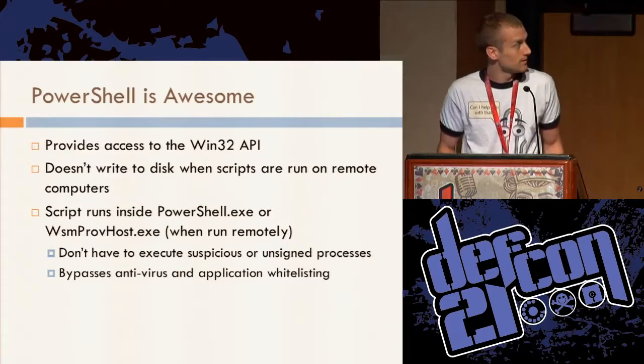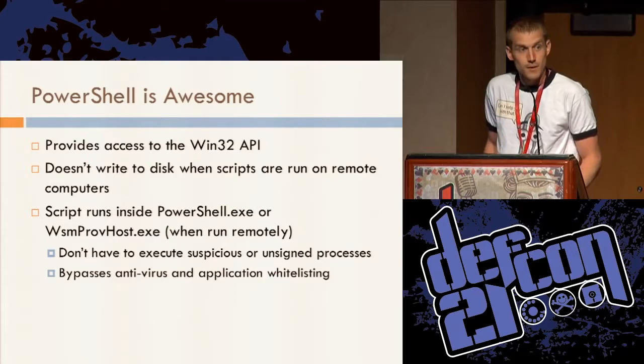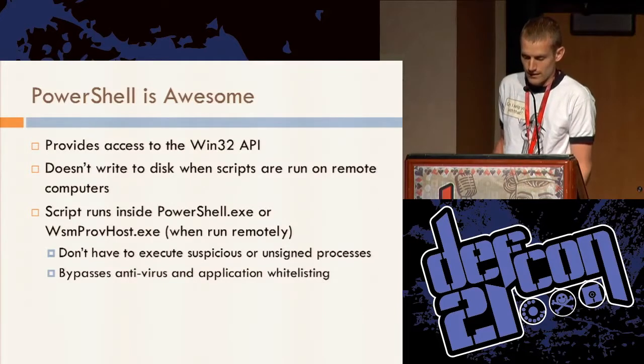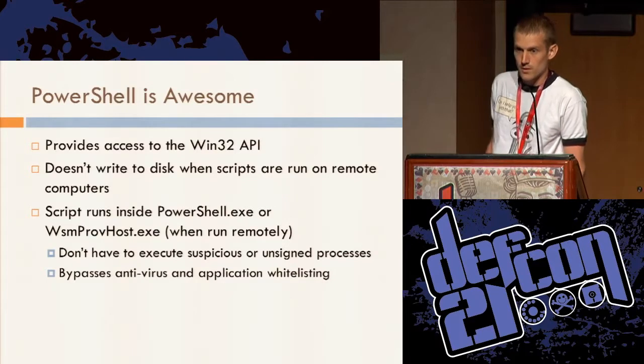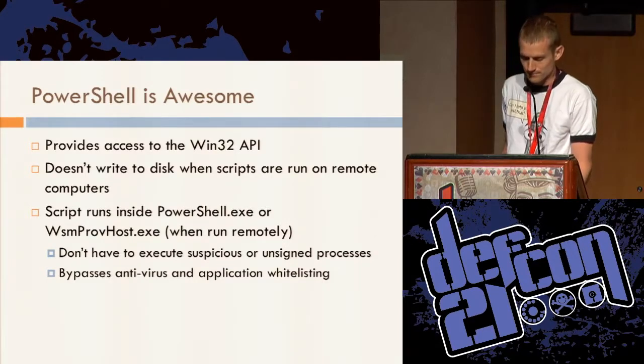Alright, so if any of you don't know anything about PowerShell, it's pretty awesome. PowerShell gives you full access to the Win32 API and all the .NET libraries. And PowerShell has a remoting functionality which allows you to connect to other systems and run scripts on them. And these scripts that you run over PowerShell remoting never touch disk on the remote system.